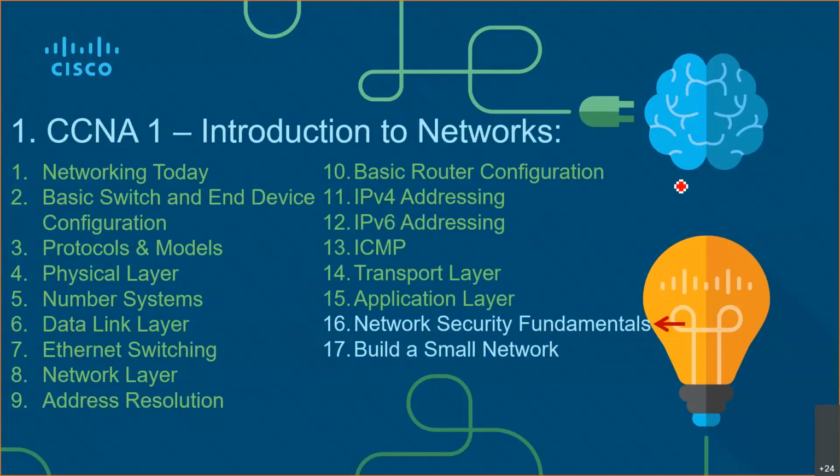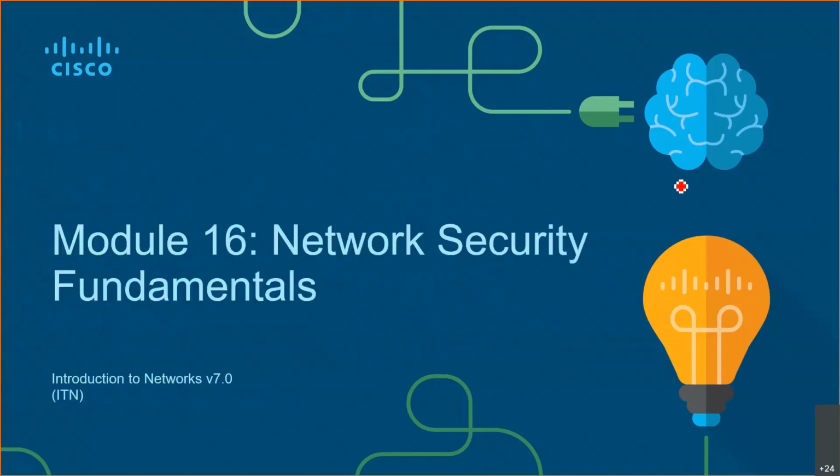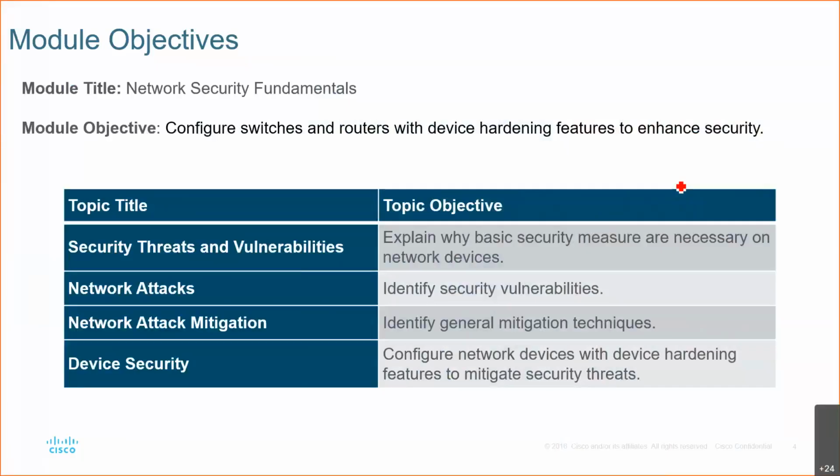So let's touch on this topic and try and understand why it is so important and how we as network engineers can protect our systems better. We have to look at security threats and what are the vulnerabilities that we can suffer from. What precautions should we take?